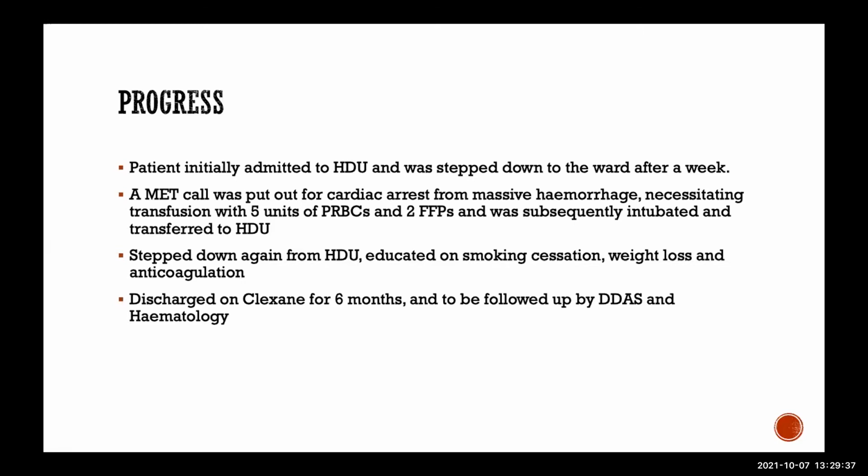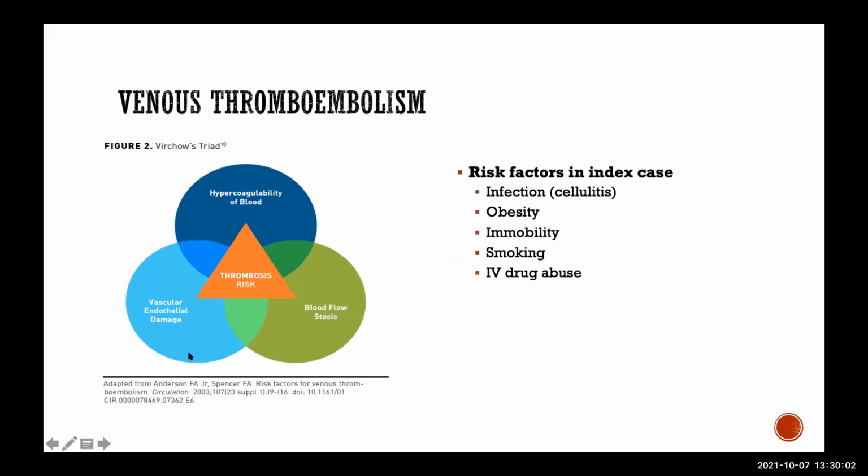And because she needed to go home on Clexane, she was also educated on how to self-administer the anticoagulant, and also to be followed up by the hematology team and the drug and alcohol service. And the reason for the follow-up with hematology is for a likelihood of conversion to DOAC at some point after having Clexane for a while.